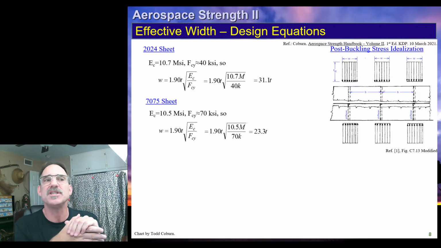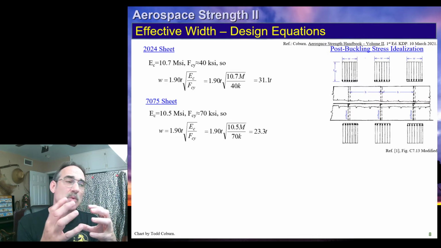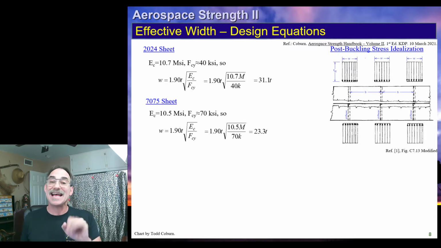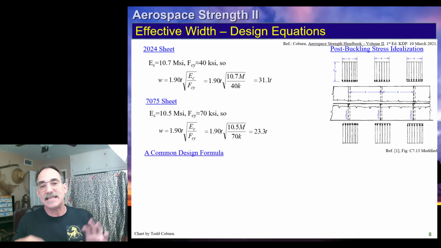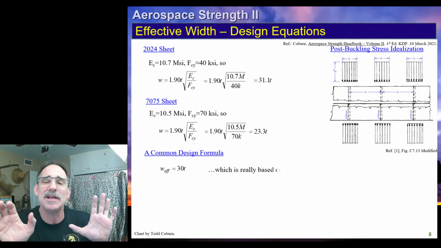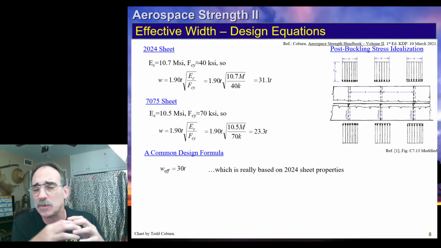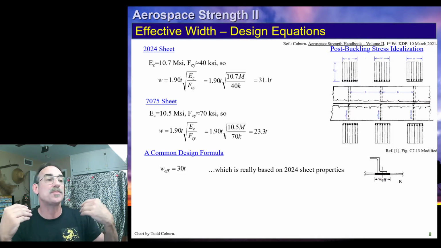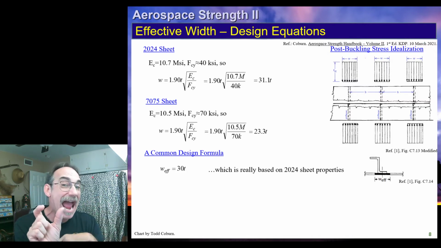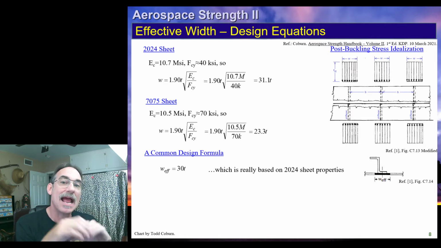Because a lot of the older skins were 2024, it's common to use a design equation of 30T. Basically a gross approximation, but it says, hey, if we don't really know what the effective width of skin is, and we don't know a lot about the design, we can just pretend that about 30 times the thickness of the skin acts with the stringer as one.